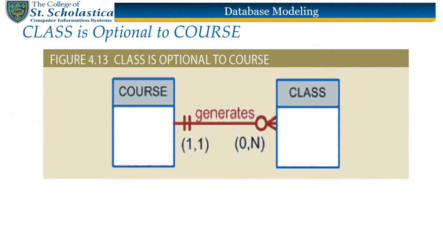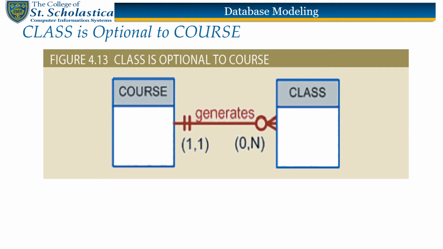For example, in the "course generates class" relationship, you noted that at least some courses do not generate a class. In other words, an entity occurrence or row in the course table does not necessarily require the existence of a corresponding entity occurrence in the class table. Therefore, the class entity is considered to be optional to the course entity.